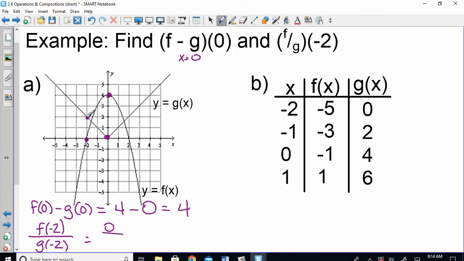So when x is negative 2, the y value of g is 2. And 0 divided by 2 is 0. Does everyone understand how I got those from my graph? You went to where x is negative 2, used that point, and then divided it.